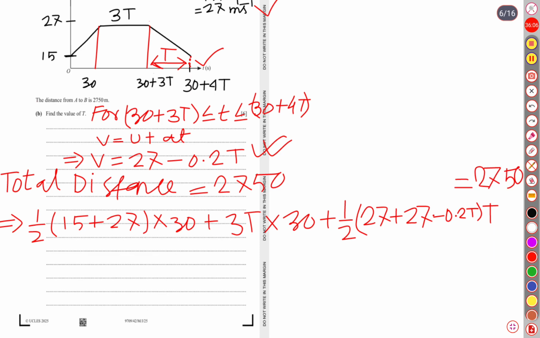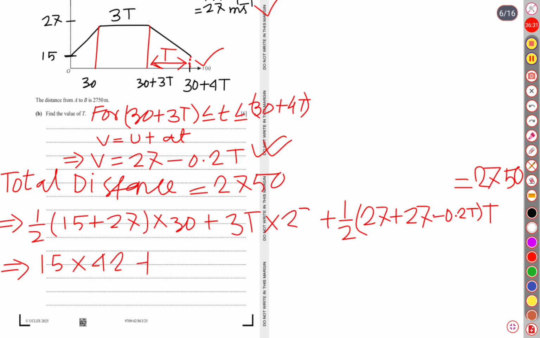Well, here if we simplify, it is going to be 15 into 42 plus here 3t into 27. Sorry, here it's a great mistake. It should be 27, not 30, because height was 27, velocity was 27.